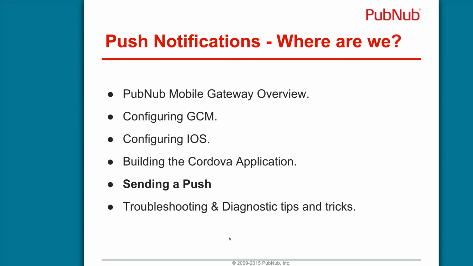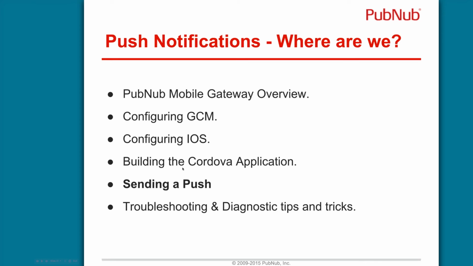All right, so far, just to review, we've configured the gateway. The gateway stands between your application and the various push providers. We configured that by supplying our API key and our certificate inside of the PubNub console, and said that we wanted to use mobile push gateway for a particular subscribe key. We went through that.